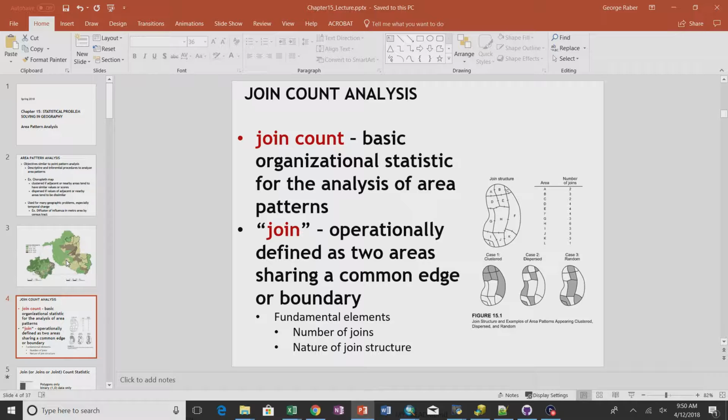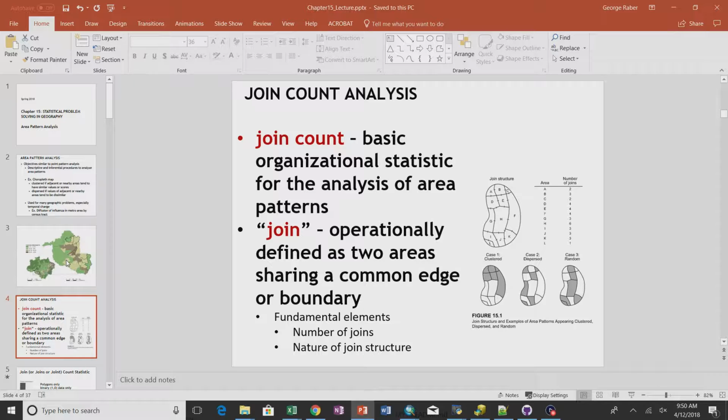It's the easiest to calculate, probably the easiest to conceptualize: this joint count analysis. Okay? So with joint count analysis, we're really just looking at the boundaries, and a join is just a boundary. So each boundary here is a join.